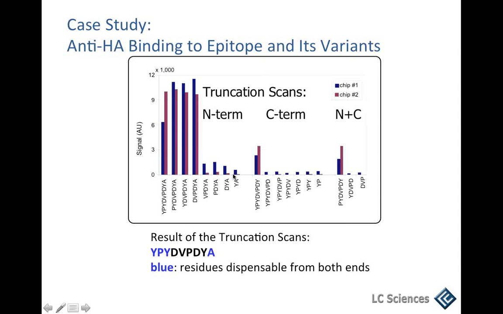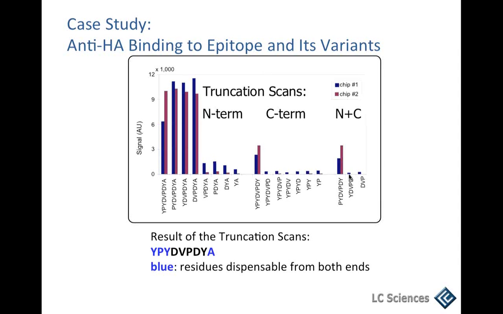If these are missing, you don't have any binding, and here you have really high binding intensity once you reach the core domain of the sequence. Then the C-terminus, on the other hand, just 1 residue is critical. And let me show you the titration experiments for this.